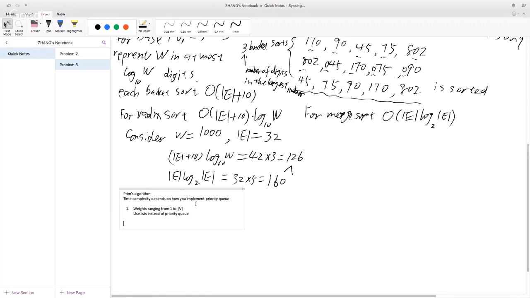So let's suppose we have the lists. It's kind of like bucket sort. So it's V lists and V buckets.